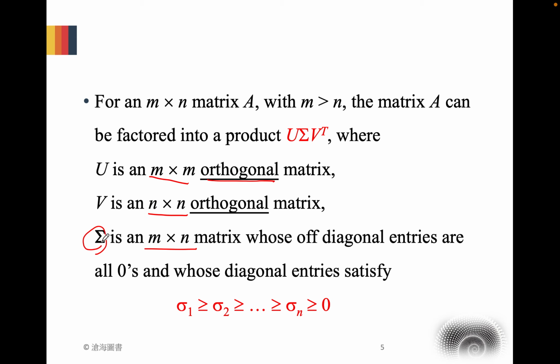Therefore, only the entries on the diagonal would be non-zero.